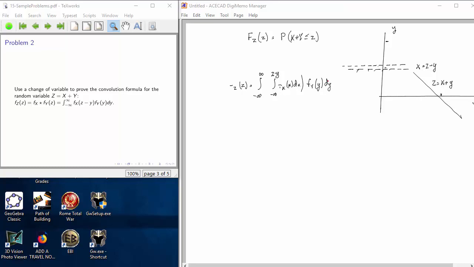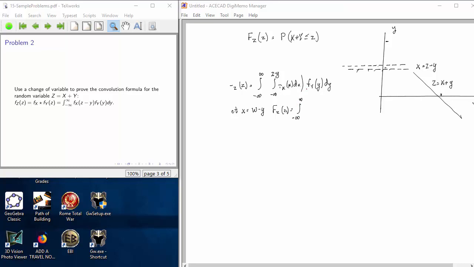Now, in this case, the integral over x has a limit of integration that depends on y. That's a nuisance to deal with, so I'm going to get rid of the problem by just making a change of variable in the inner integral. I'm just going to set x equal to w minus y, and now my integral for the distribution function looks a good deal more manageable.